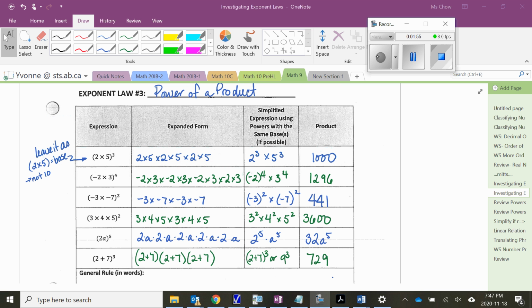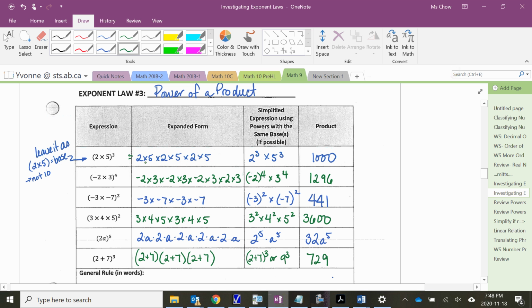Okay, so when we expanded everything, since most of them, the first 5 examples anyway, were all multiplication, the parentheses weren't necessary. So when we take a look at that first one, we've got 2 times 5 times 2 times 5 times 2 times 5.